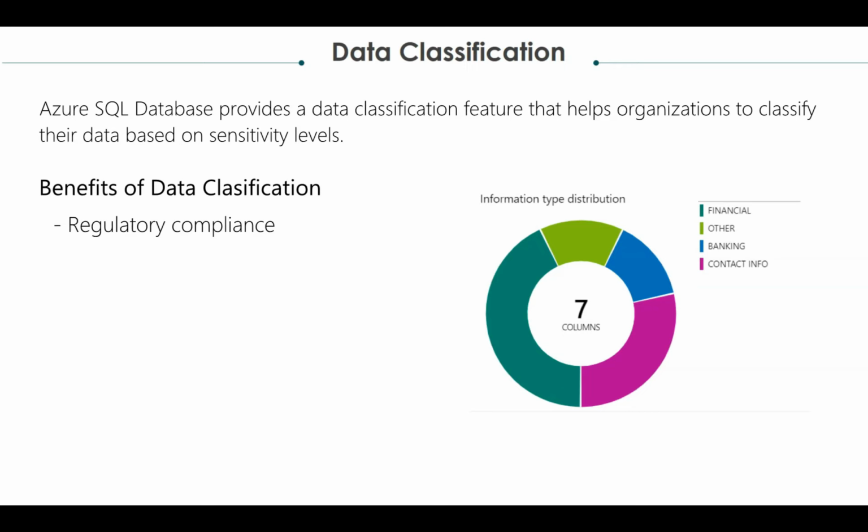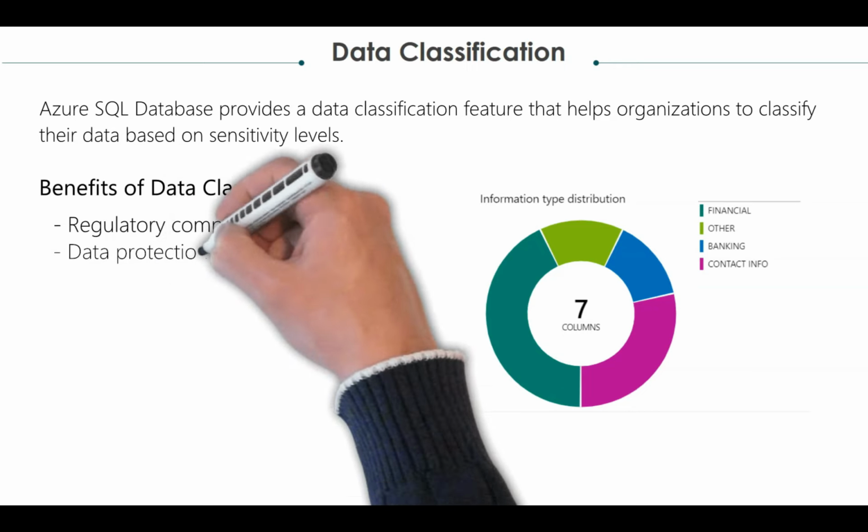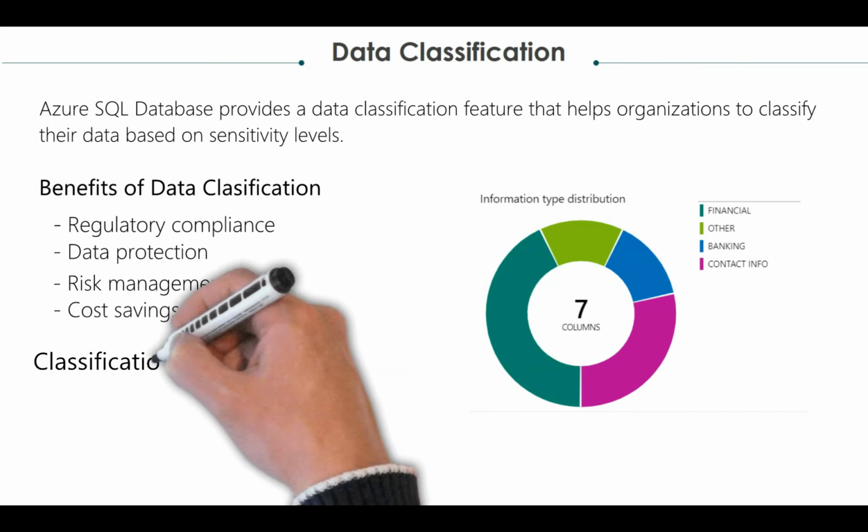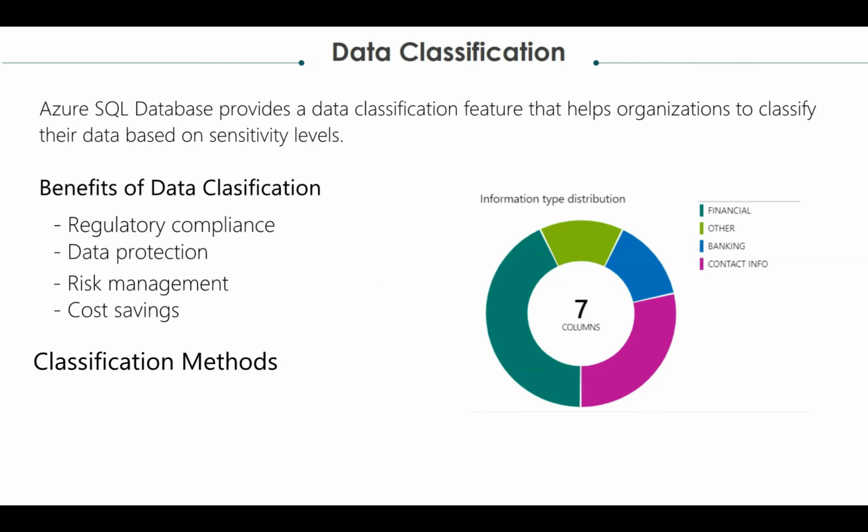It also enables organizations to identify and protect sensitive data by applying policies that restrict access to sensitive data. Not only that, it also helps organizations to identify potential risk and prioritize data protection efforts. And by identifying and classifying sensitive data, organizations can reduce the cost of protecting data by applying appropriate policies to protect the sensitive data.